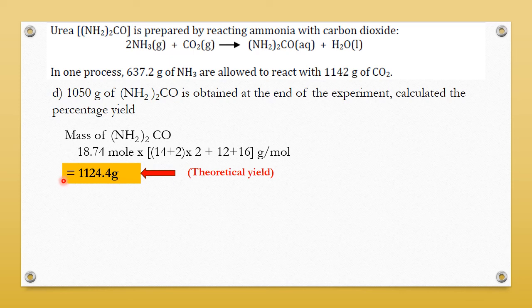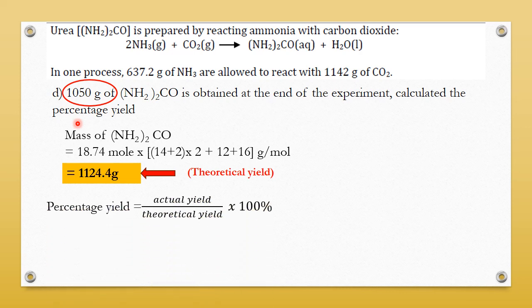So that means that based on the stoichiometry relation, if the experiment is all going well and there's no error, I'm supposed to get this amount of product, 1124.4 gram of urea. But at the end of the experiment, I only get 1050 gram. So the 1050 gram here is my actual yield.